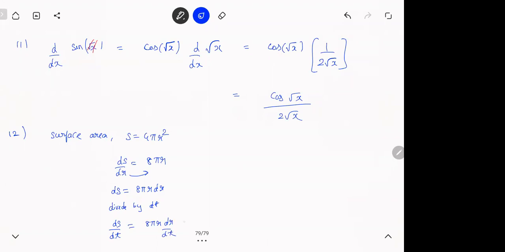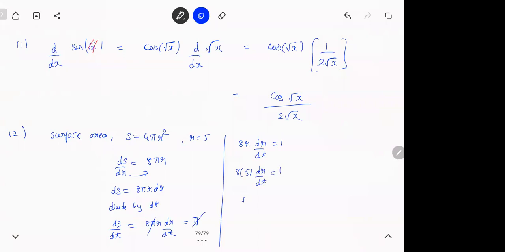So he's saying this is 5. So pi will cancel. 8 into r dr by dt is 1. R is how much? 5. That is given. So 8 into 5 is dr by dt.